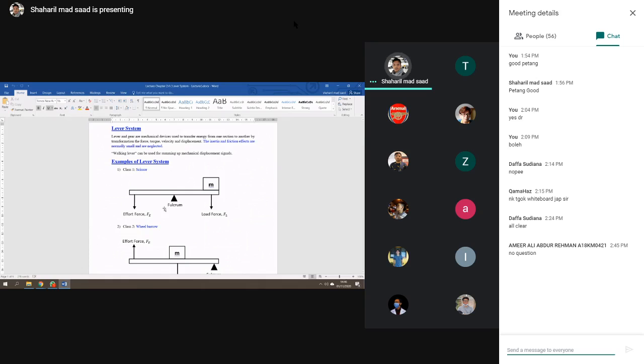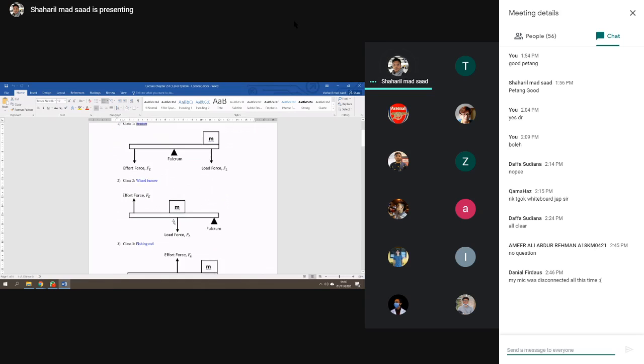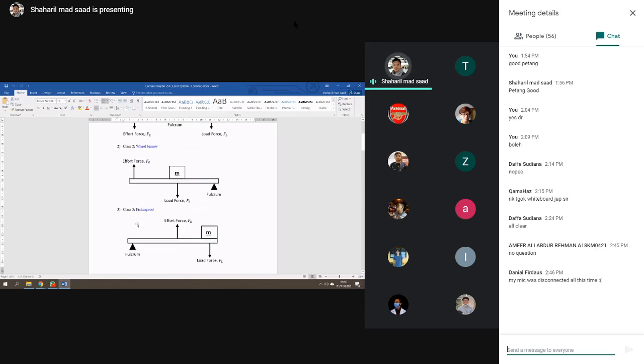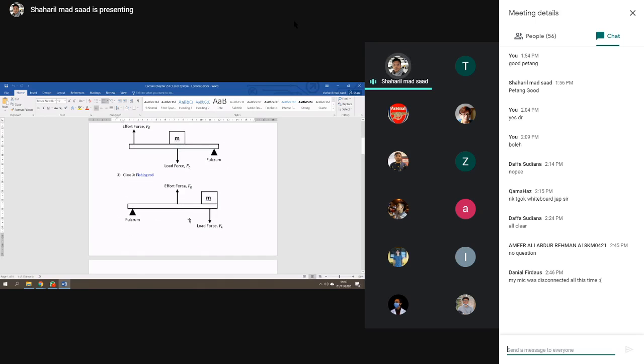For the lever system we have class 1, for example a scissor, where you have the fulcrum here, and then you have some load, for example FL, and then this is your effort. Then class 2 you have the wheelbarrow, where the fulcrum is the wheel. Then you have the fishing rod, and so on.